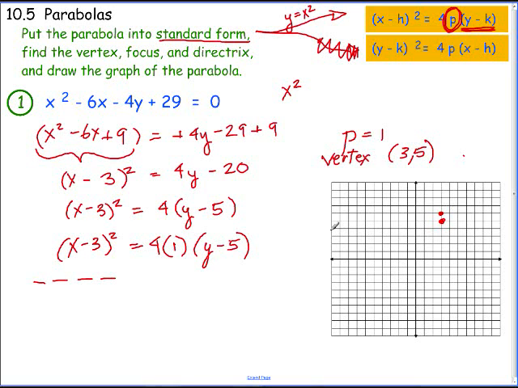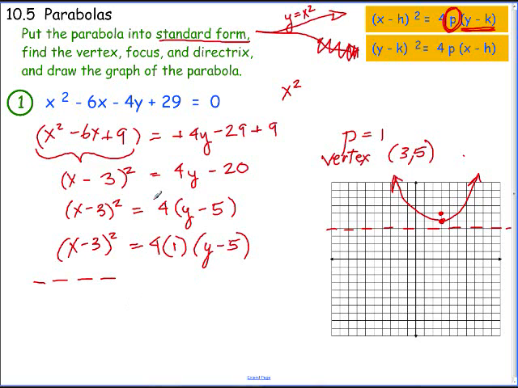My directrix is in the opposite direction, the same distance, 1. So I've got an axis of symmetry going down through here. My parabola looks something like this.